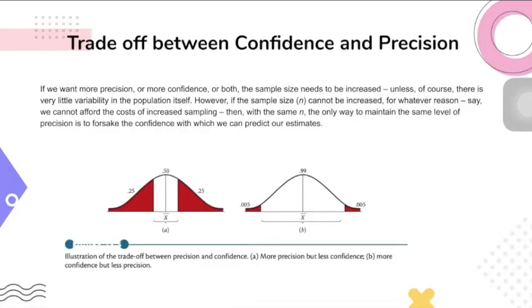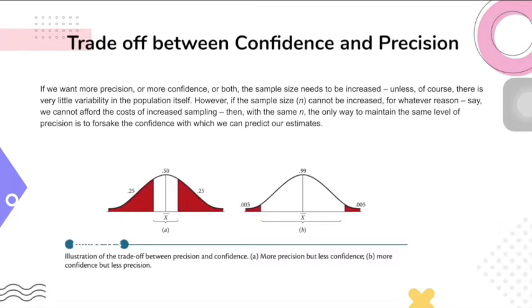So, the trade-off between confidence and precision. We have noted that if we want more precision or more confidence or both, the sample size needs to be increased, unless, of course, there is very little variability in the population itself.